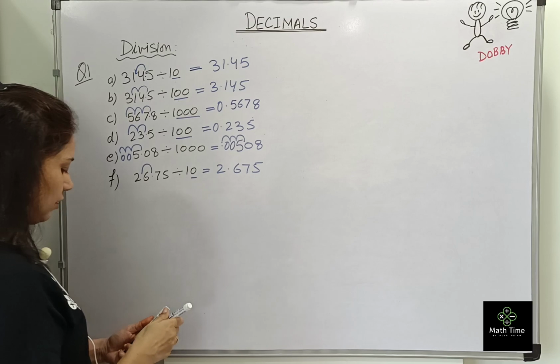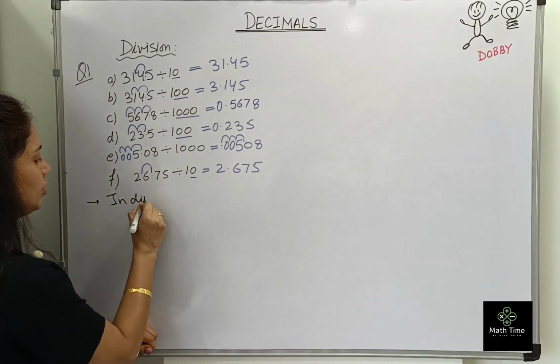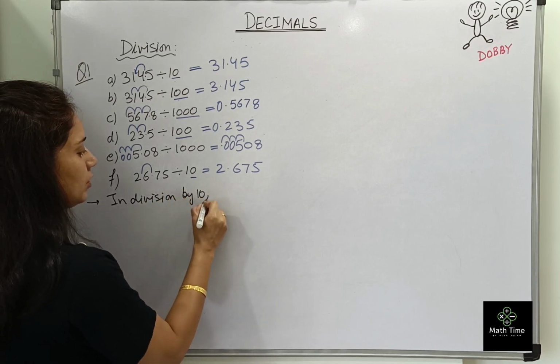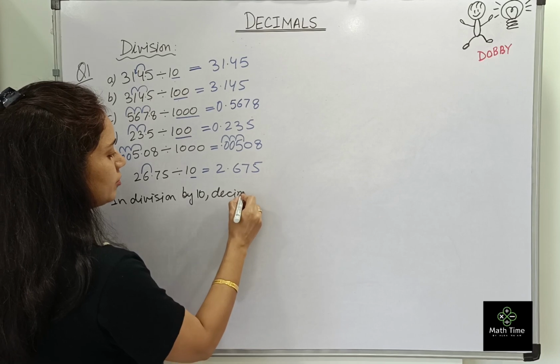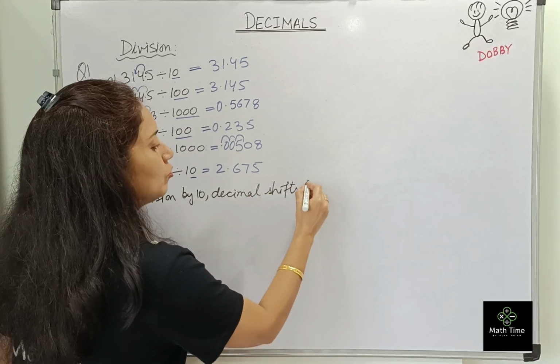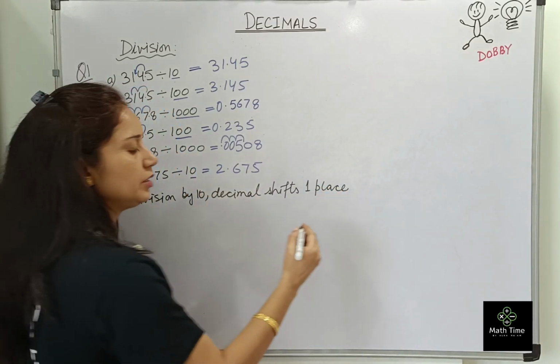Now let us write. In division by 10, the decimal shifts one place towards the left.